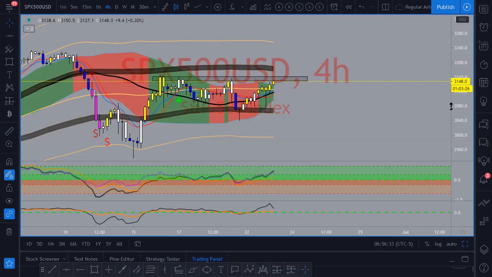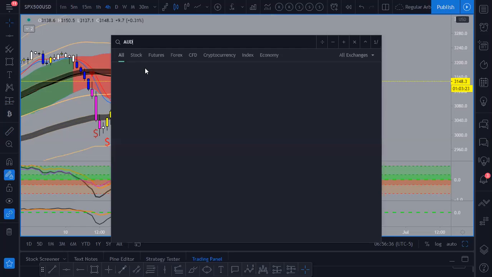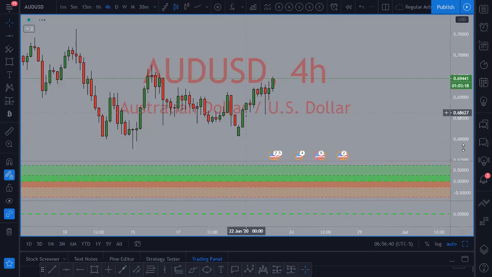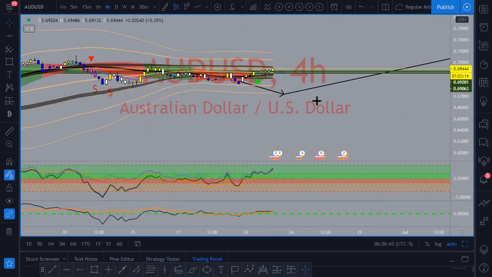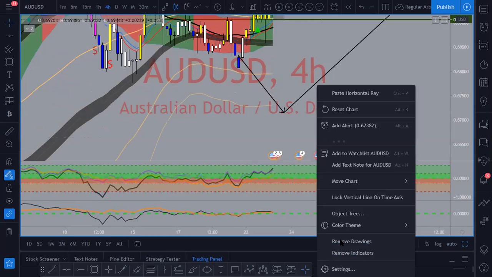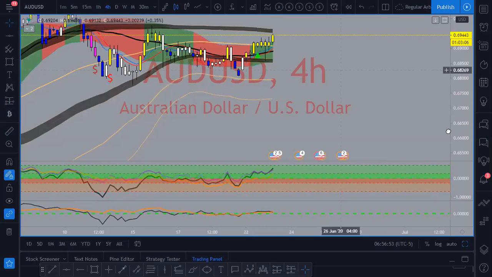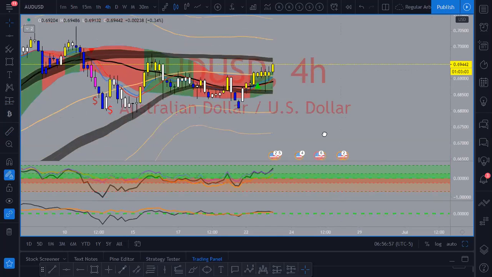I'll go look at AUD USD because I know that it correlates with SPX 500. So it's going to be the same thing. Let me get rid of these drawings. It's basically the exact same thing as SPX 500.